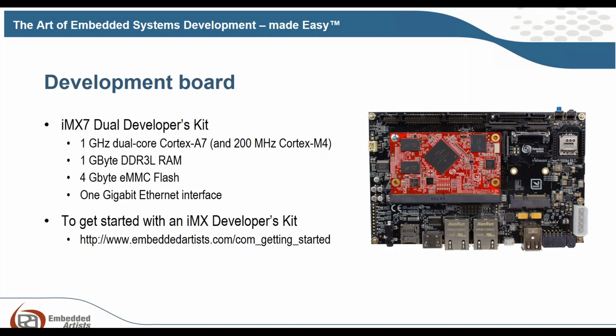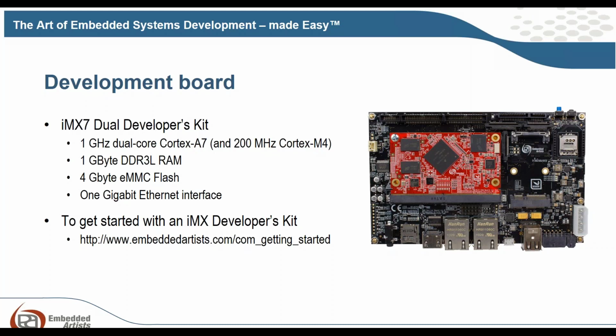The board also has 1 GB of DDR3L RAM and 4 GB of eMMC flash. And there is also a 1 gigabit Ethernet interface. So all in all, it's a quite powerful platform to start your heterogeneous multiprocessing adventures on. So that was it from Embedded Artists. So over to you, Stefano.